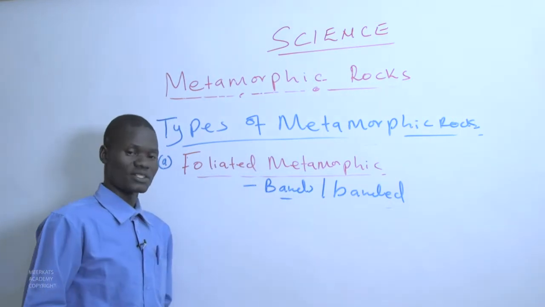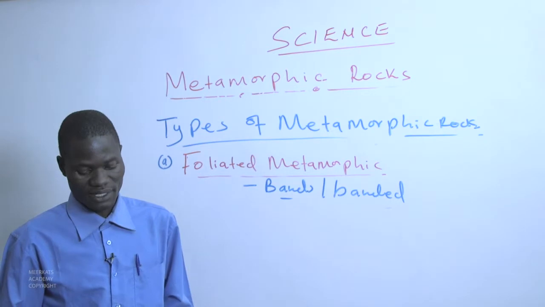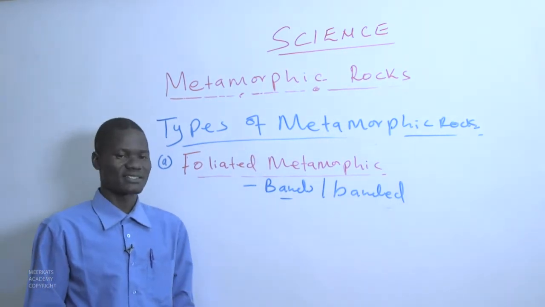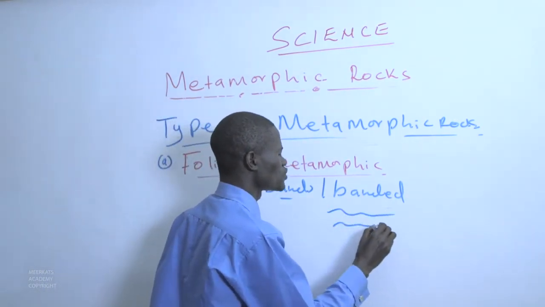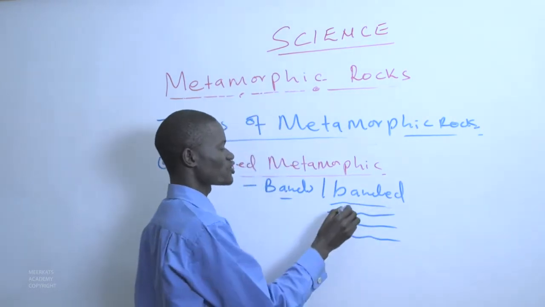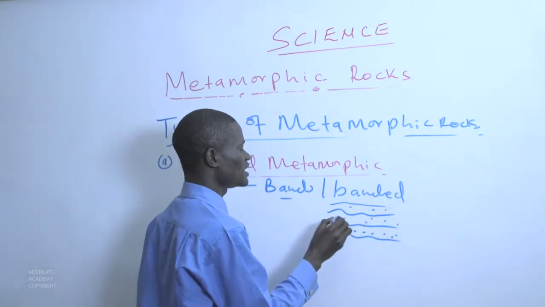When you look at them, even using your eyes, you'll be able to see these bands. Bands are simply small lines or strains of lines that can easily be seen on the rock just by the physical appearance.